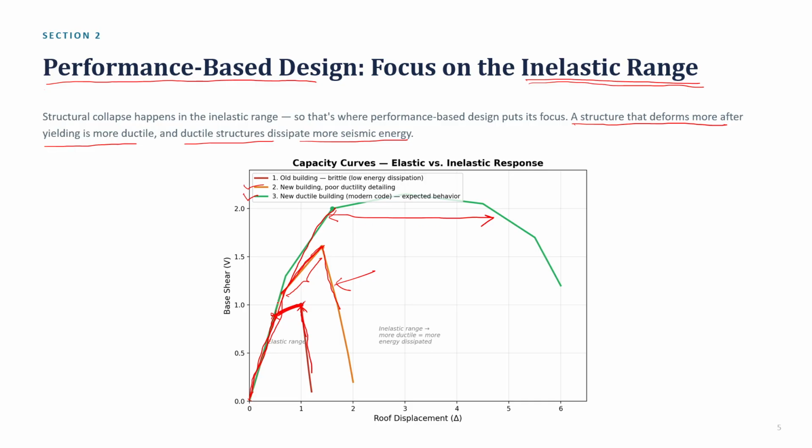So this is the behavior we expect, the one shown in green color: large force to be resisted, and there should be large inelastic deformation before failure. We can say the failure may occur in this range, but this is quite a big range where the structure yields and dissipates the energy.